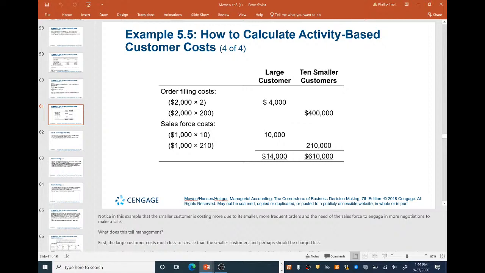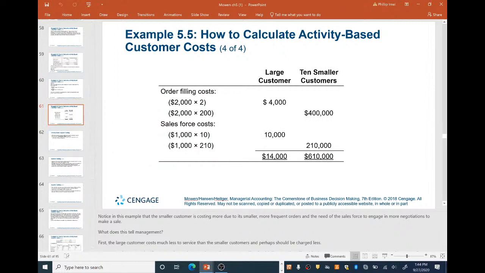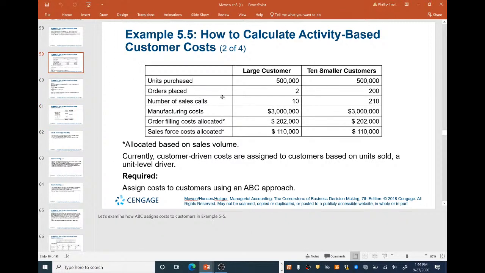So we can see the order filling costs right here. It's $2,000 per order, so that's where the 2,000 is coming from. The large customer only had 2 orders placed, so that's where you're getting the 2.